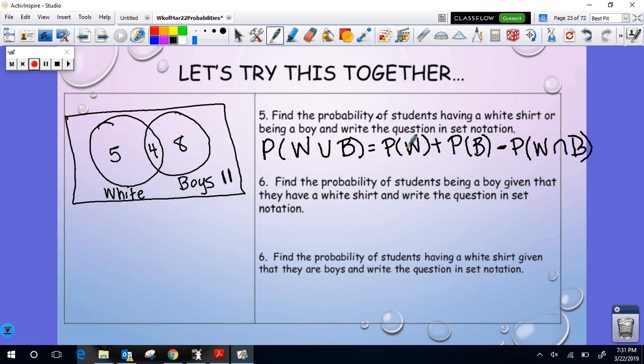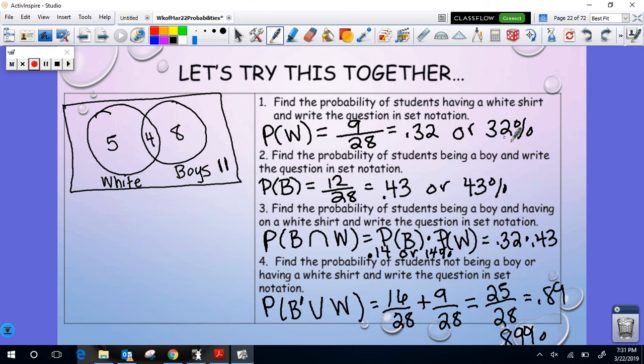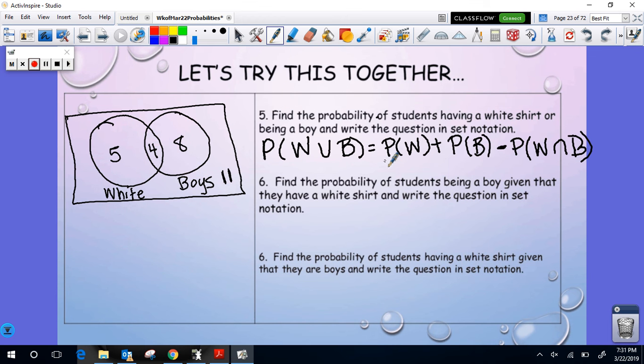So let's get the probability of a white shirt, which we already know from the previous page. Probability of a white shirt is 0.32. So I'm going to put 0.32 plus the probability of being a boy.